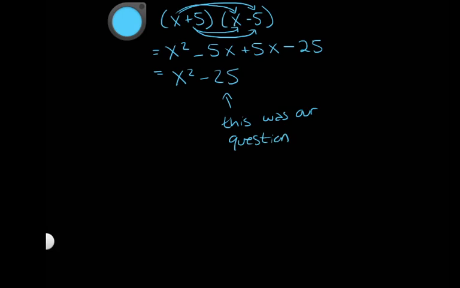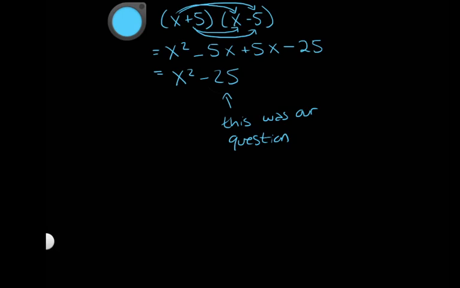So we have found a way to go from the answer to the question. Our question is really like giving us the answer. And what we had to do was find two of the same number that multiply to give us 25.